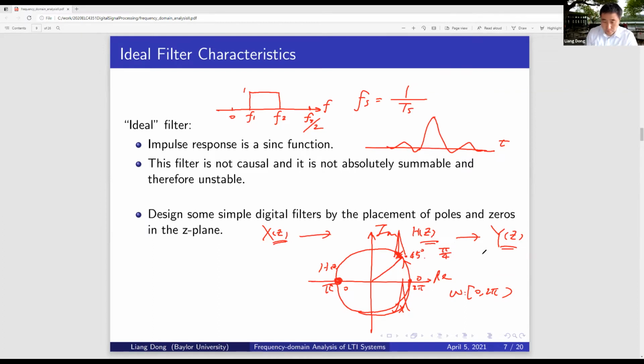The output is very large. Versus here at this point, it's 0. Therefore, if my omega is equal to pi, then the output will be removed. Now, what is omega equal to pi? That's the highest frequency I can have in my digital system, right? This is Fs over 2. That's pi, Fs over 2, which is this point right here. And if you really go from 0 all the way to 2 pi, that is Fs. So pi is really this point. That's the highest frequency.